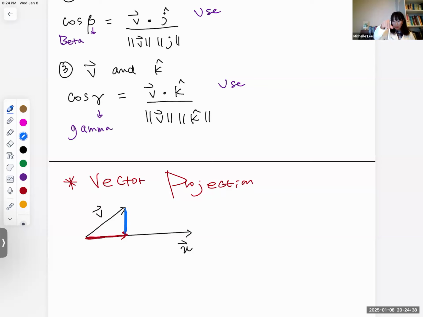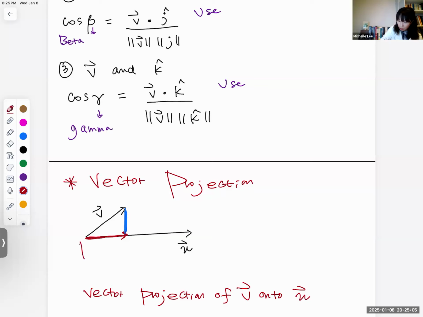From V to U, in a different color. So we say the vector projection of V onto U. How do we write this? Project vector V onto U. Can you see that?